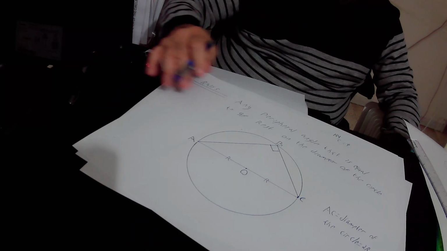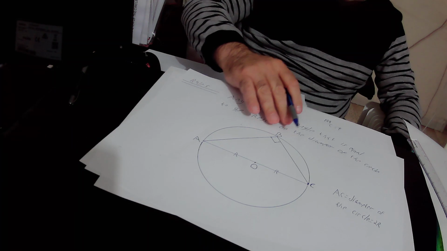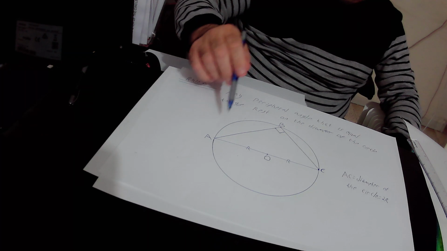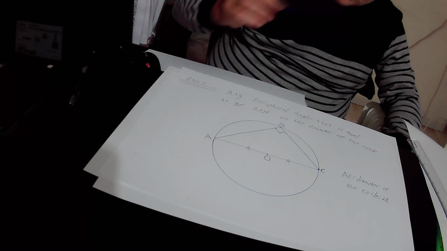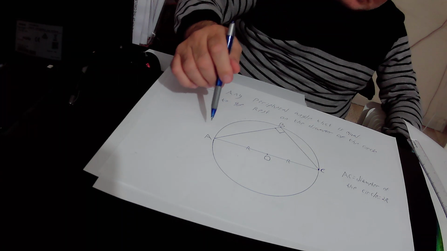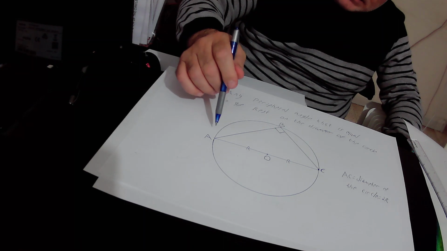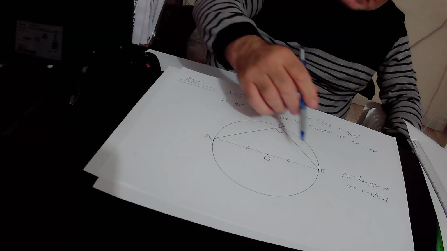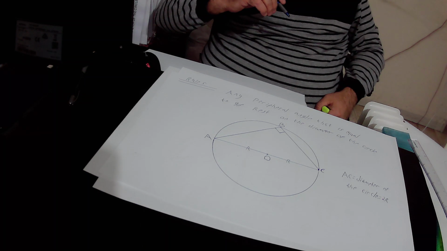Here the diameter of this circle is AC. And we have peripheral angle ABC that is equal to 90 degrees. Therefore, the peripheral angle ABC must rest on AC, that is the diameter of the circle.